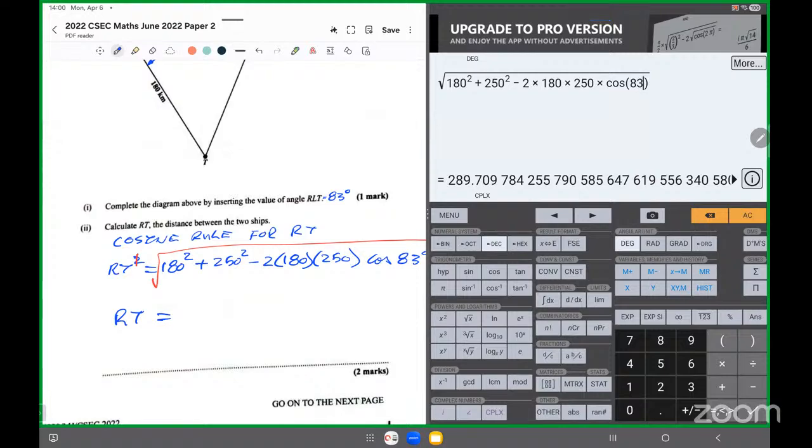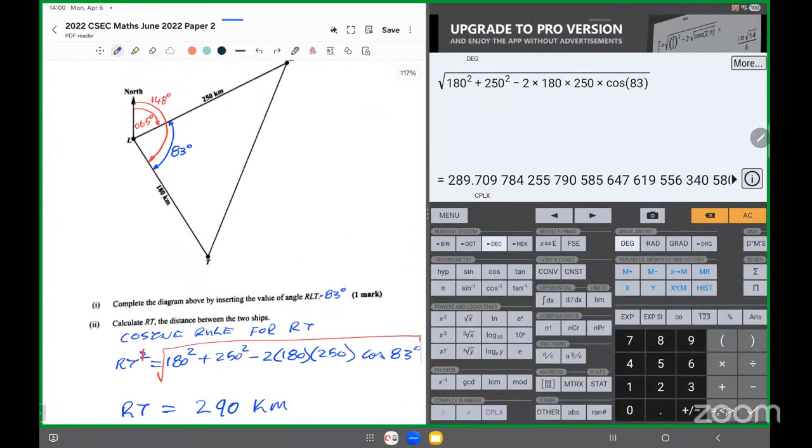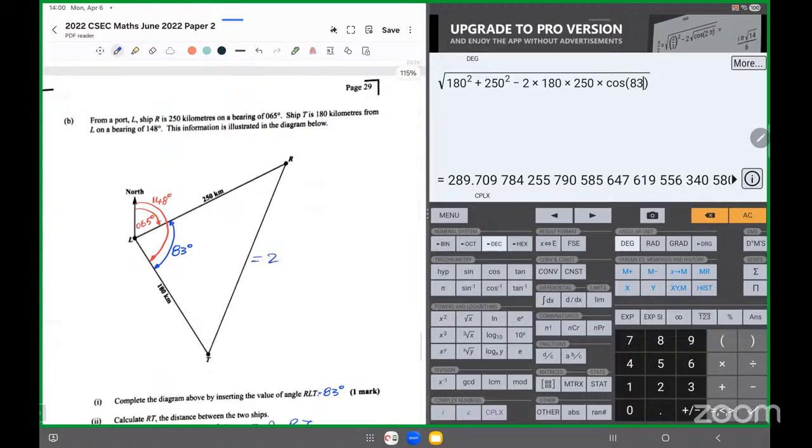Make sure you put everything in the calculator. That's 289.7. Let's just call it 290 kilometers, to three digits. Put it on the diagram. So this side is equal to 290 kilometers.